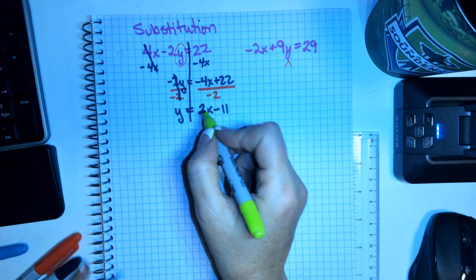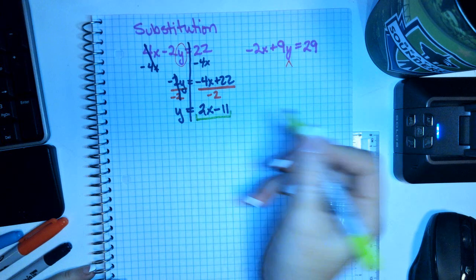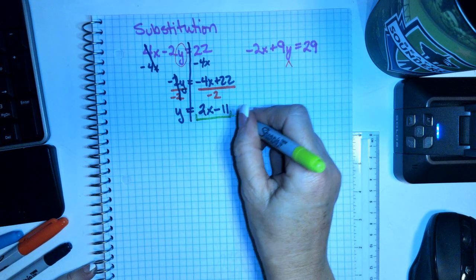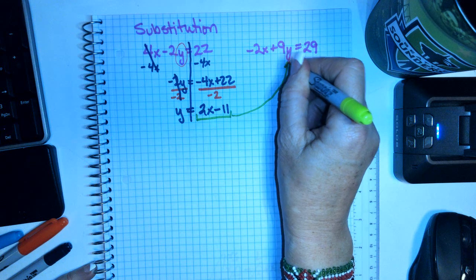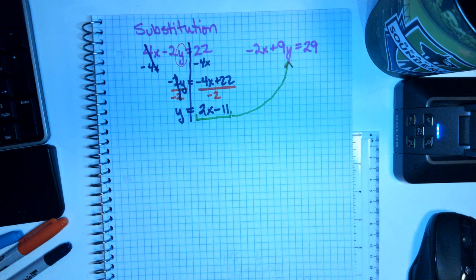And I can take this y value here, 2x minus 11, and just like I said, plug it in right there for that y. So let's see what that would look like.